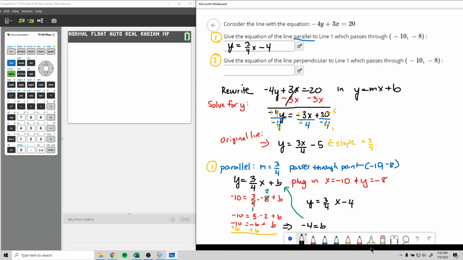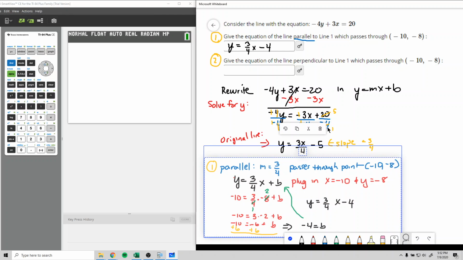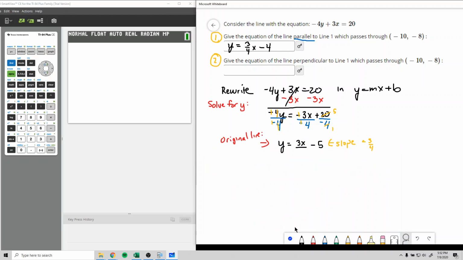So that's parallel. Now for perpendicular, we're still going to use the slope here. I'm going to erase the part we just worked on to make room. Then number 2, since we want perpendicular, the only thing that changes for our setup is that the slope is the negative reciprocal.